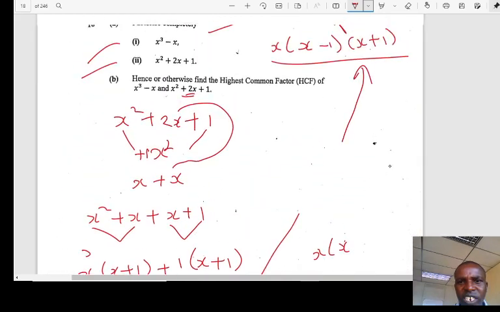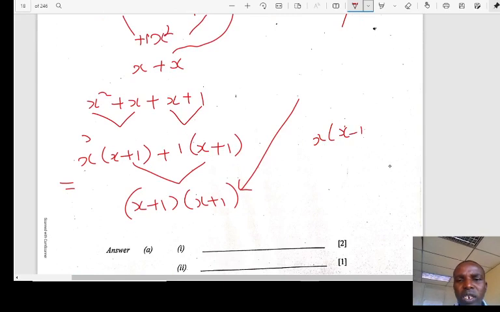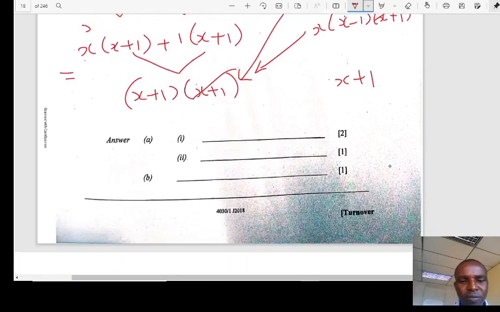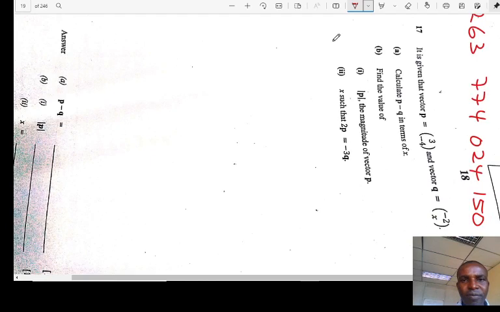Then let me write the factors here: x minus 1, x plus 1. Then you compare with this one. You can see x plus 1 is appearing on both sides. So the highest common factor is x plus 1, which is appearing in both values. Then this one done. Then question number 17.